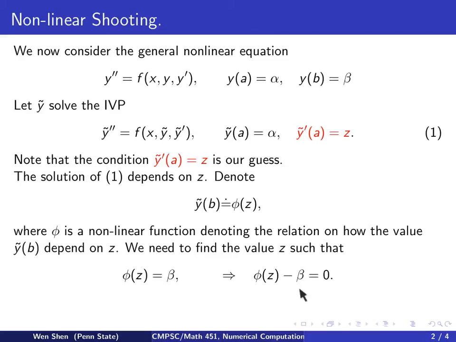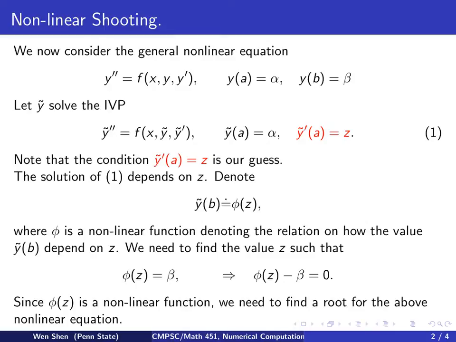And I need to solve this equation and find the value z. Remember, we had a nonlinear equation to start with, so phi as a function of z typically is nonlinear. So this means we need to find a root for a nonlinear equation.